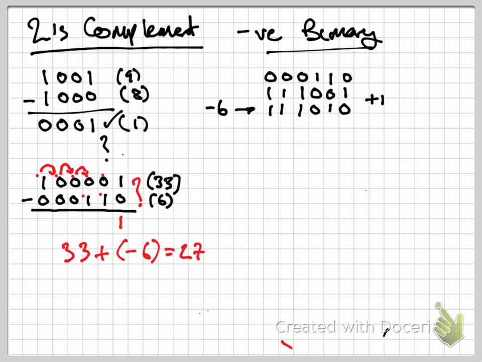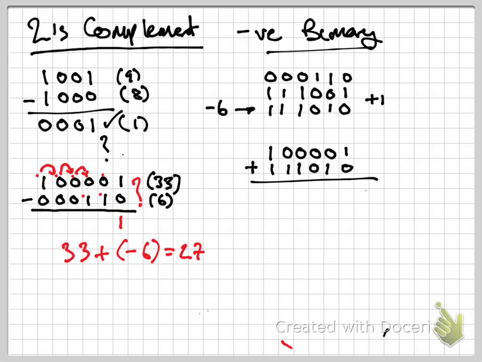And all we have to do is add that number onto our original 33. So let's do that just down here. So 33 again, 0, 0, 0, 0, 0, 1, and we're going to add our minus 6 onto it. So 1, 1, 1, 0, 1, 0, and on this occasion we're going to add those two numbers together.